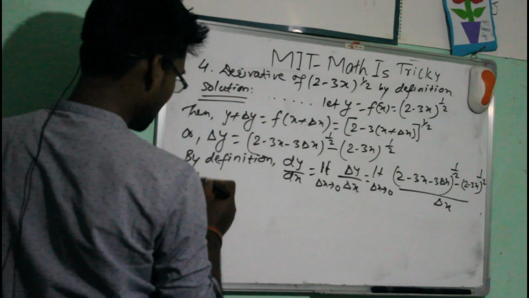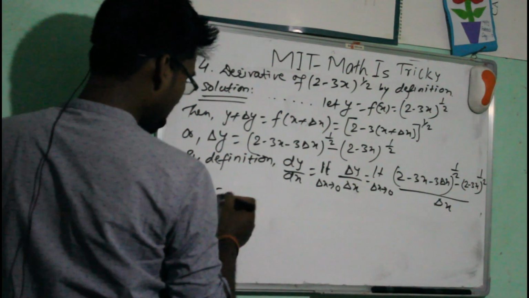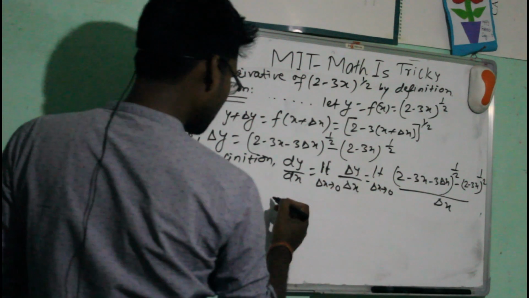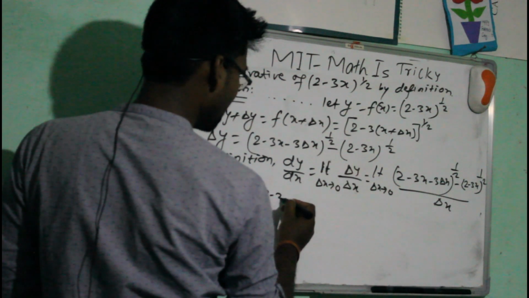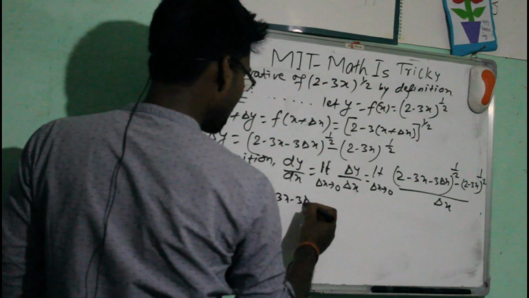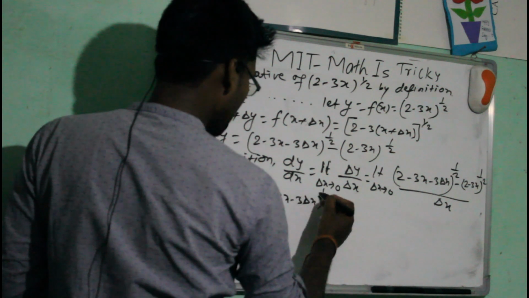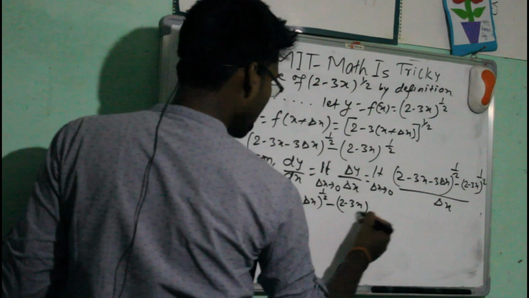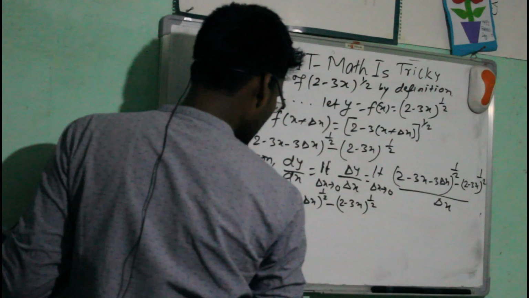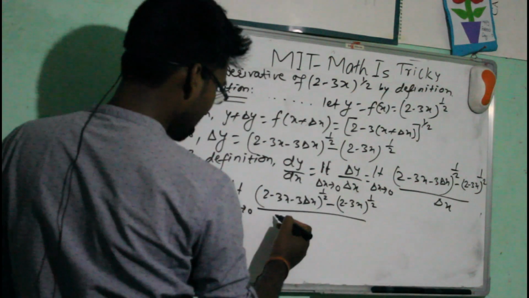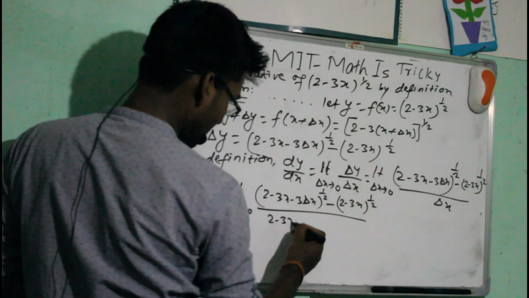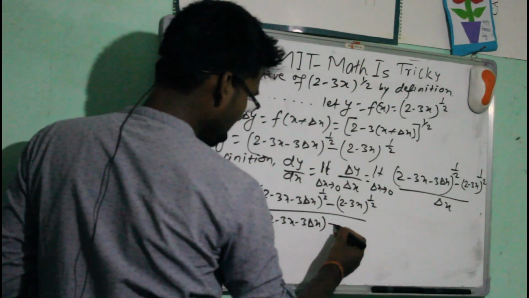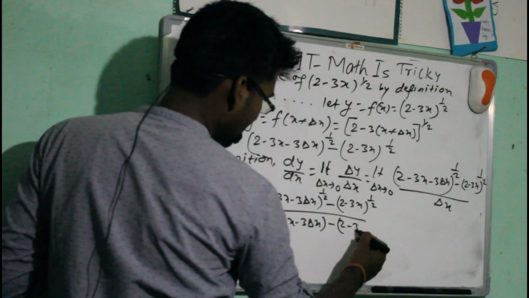So let's write dy by dx as limit delta x tends to 0 of (2 minus 3x minus 3 delta x) whole power 1 by 2 minus (2 minus 3x) whole power 1 by 2. Instead of this delta x, I am writing (2 minus 3x minus 3 delta x) minus (2 minus 3x).